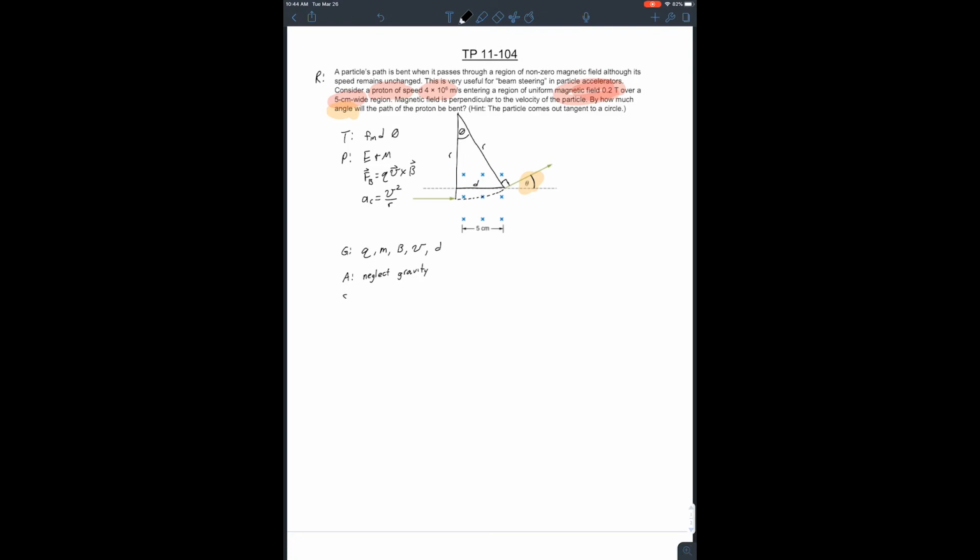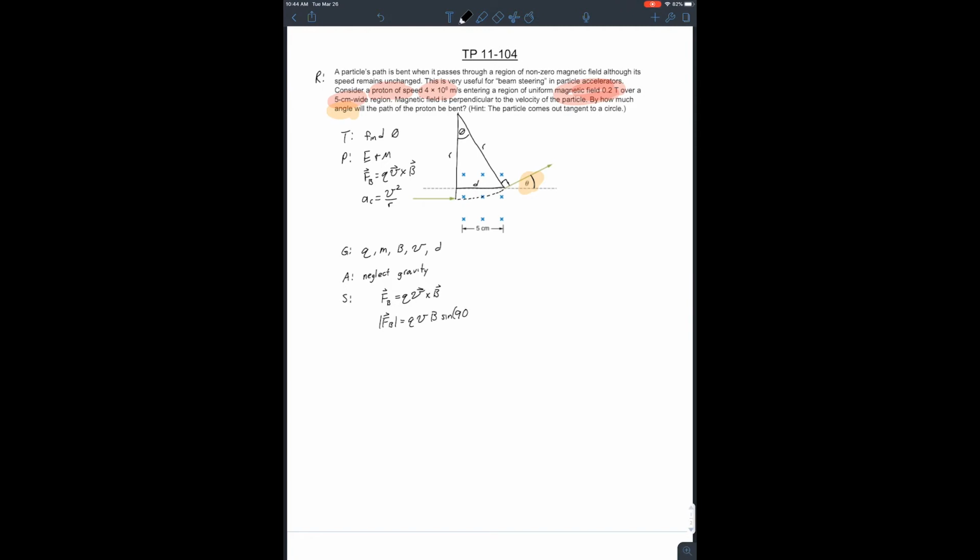All right, and finally we get to go into the solve step. To start off with, I want to start with the force on the charged particle as it moves through the magnetic field. I know that I'm going to be talking about uniform circular motion, so I want to find the magnitude of this force. So I want to evaluate my cross product.